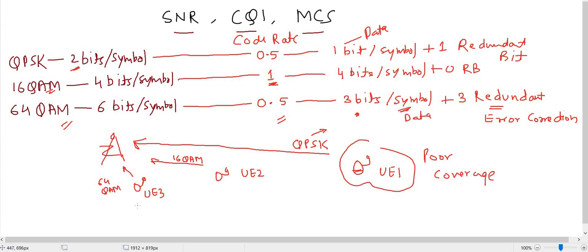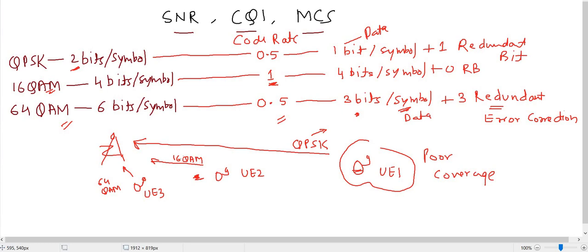So all the bits can be used to carry data. And here the probability of error is average, that's why it is asking E node B to use 16 QAM. So this is a general thing that I have explained.